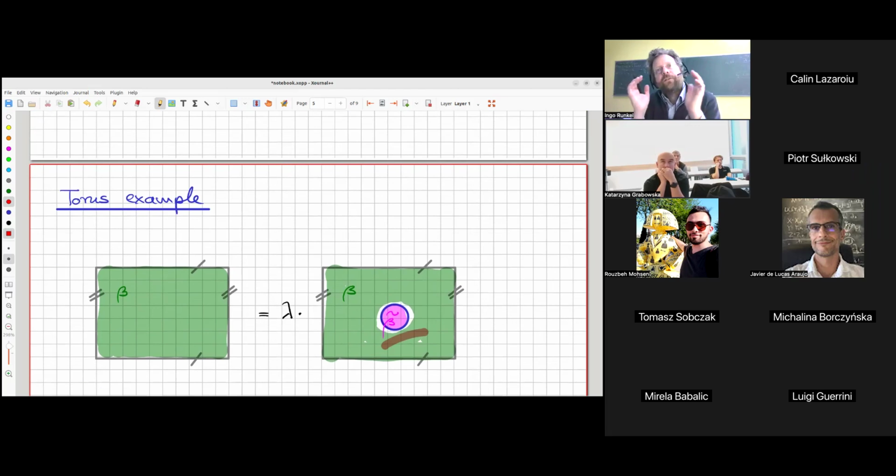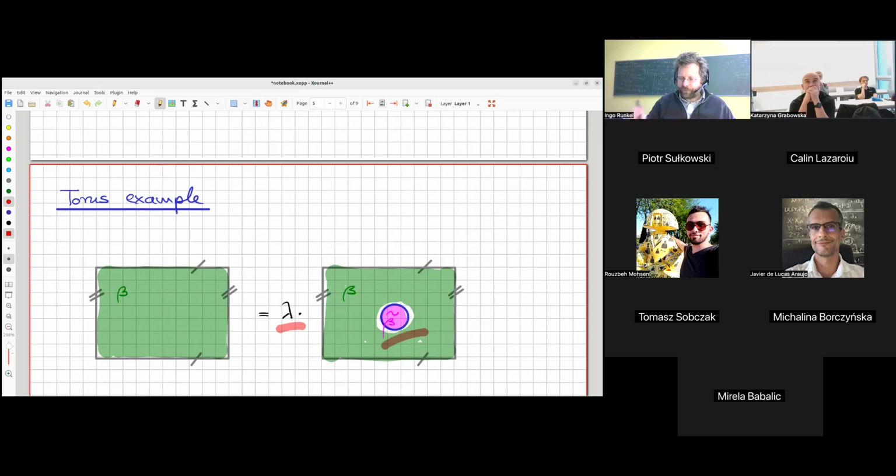That circle is topological, so I can make it very small and make it disappear. I claim that it doesn't disappear entirely free of cost, but it gives a constant which depends on some choices of convention. That's my invertible number lambda here, which compensates the cost of inserting this circle. But I insist that's an exact identity on the lattice.